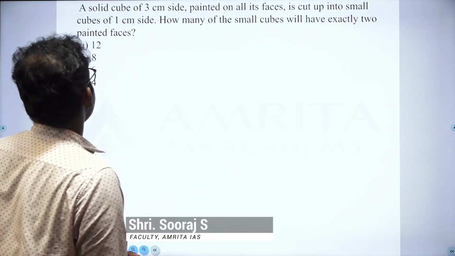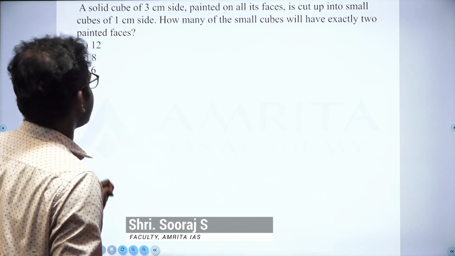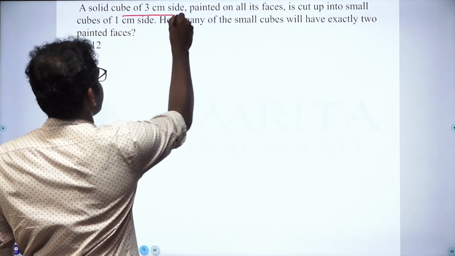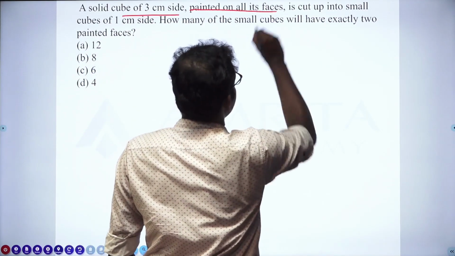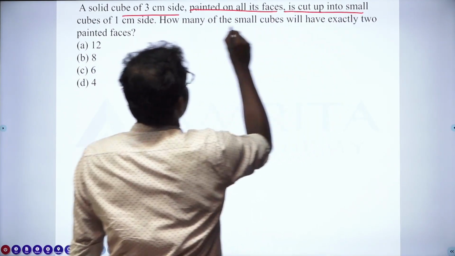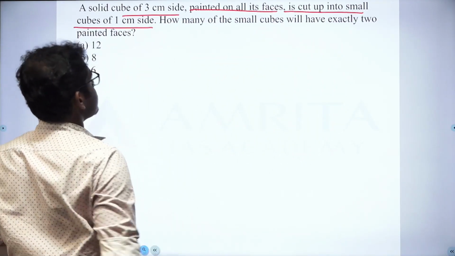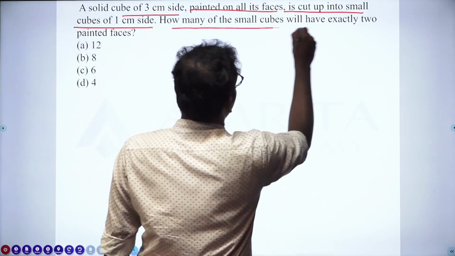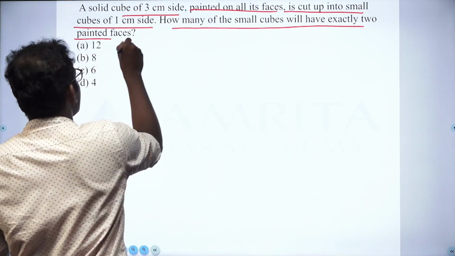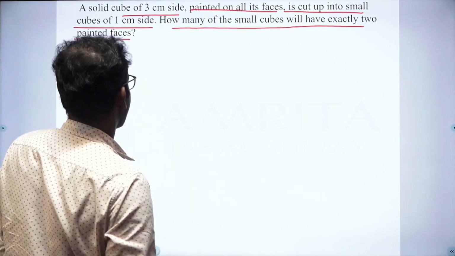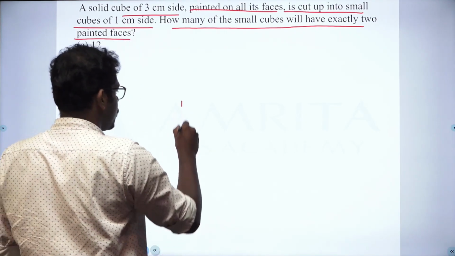The question is, a solid cube of 3 cm side, painted on all its faces, is cut up into small cubes of 1 cm side. How many of these small cubes will have exactly 2 painted faces? Okay. First of all, let me draw a cube.